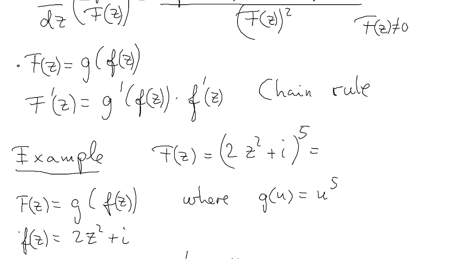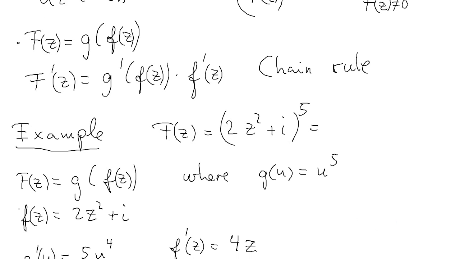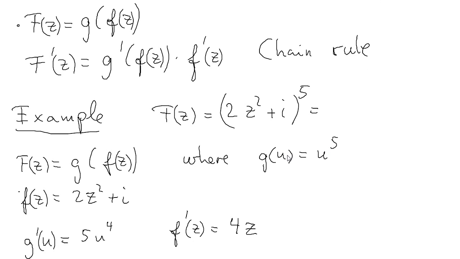And we let this f of z be equal to 2z squared plus i. So then we just use the chain rule, take the derivative of g with respect to u first, and obtain 5u to the power of 4. And the derivative of f of z is just 4z.